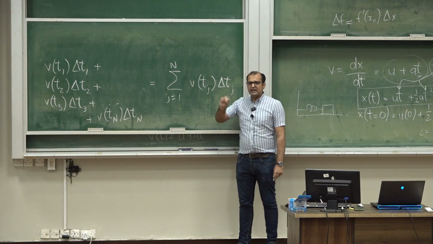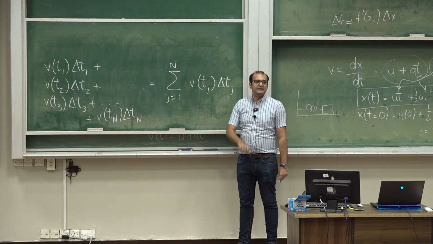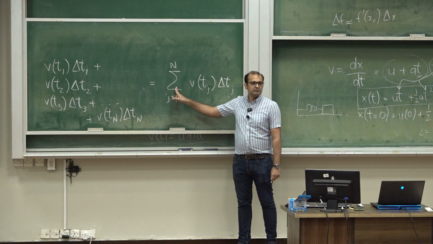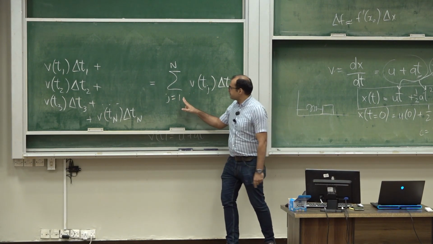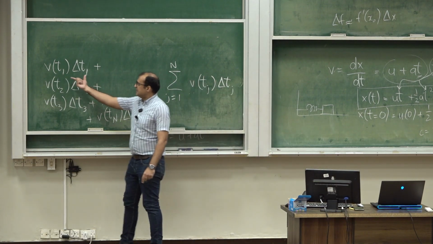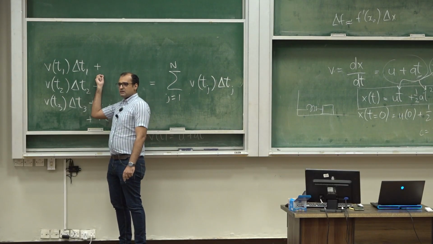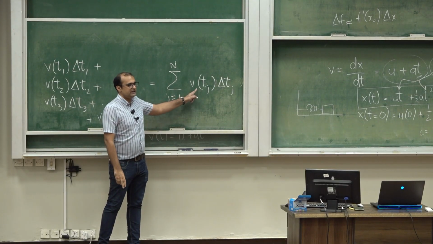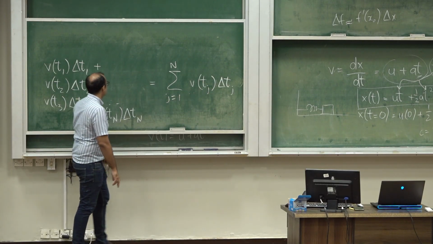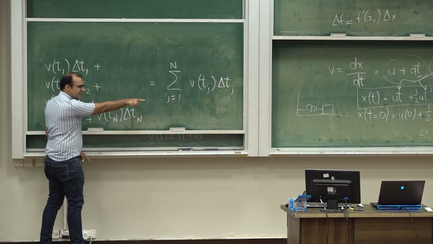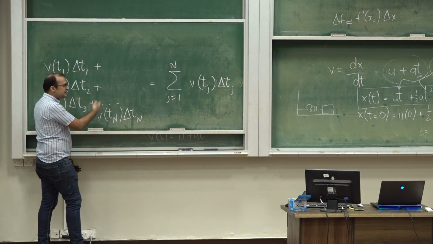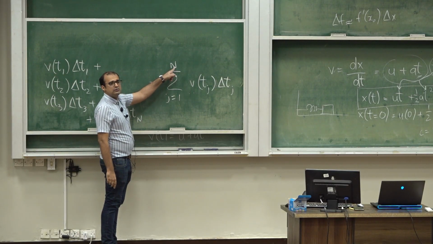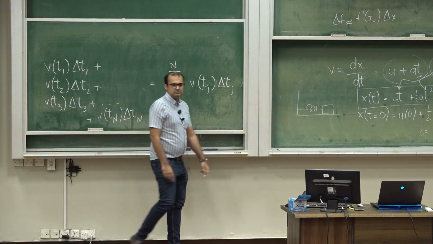In between each thing that you write down, put a plus sign because you have a sum. So you first put in j equal to 1, you get this. Put in a plus, then put j equal to 2, you get v of t2 times delta t2. Put a plus. Put in j equal to 3. Keep on doing this until you reach j equal to n.